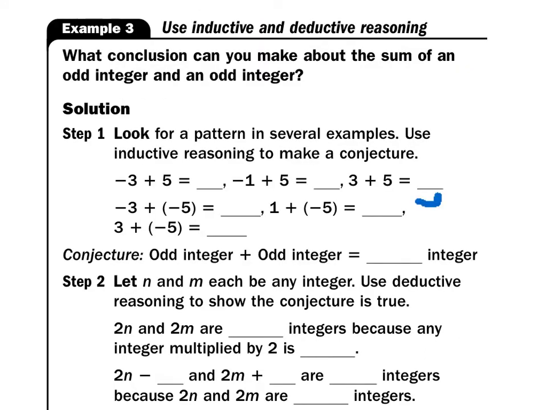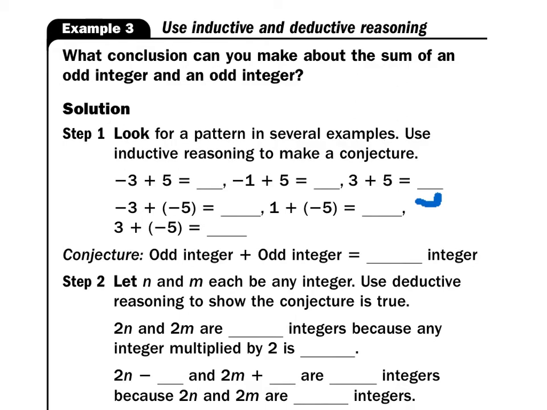Okay, example 3. Use inductive and deductive reasoning. What conclusion can you make about the sum of an odd integer and another odd integer? Well, we're going to use inductive reasoning and start looking for patterns. So remember that integers are positive, negative whole numbers.